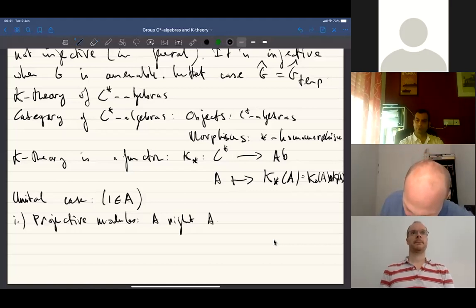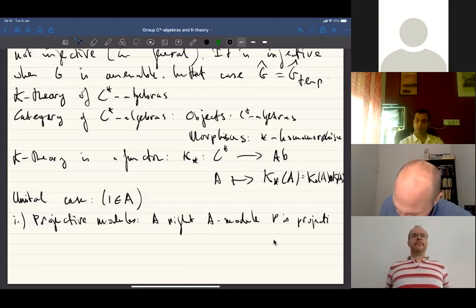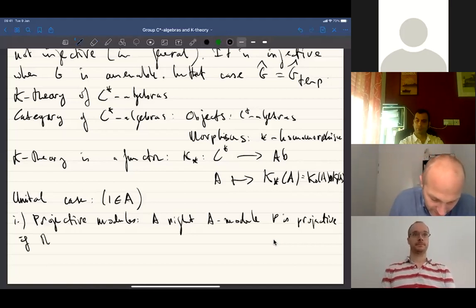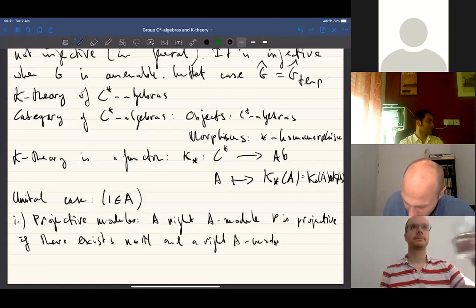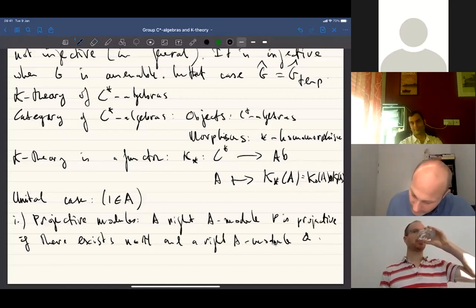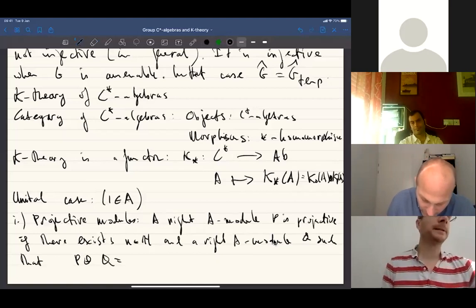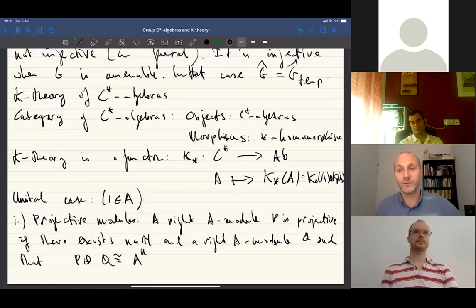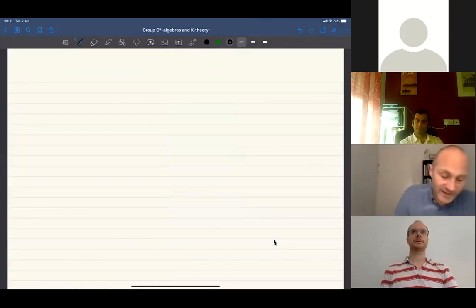So a right A module P is projective if there exists an n in N and a right A module Q such that the direct sum of P and Q is isomorphic to a free module of some rank.